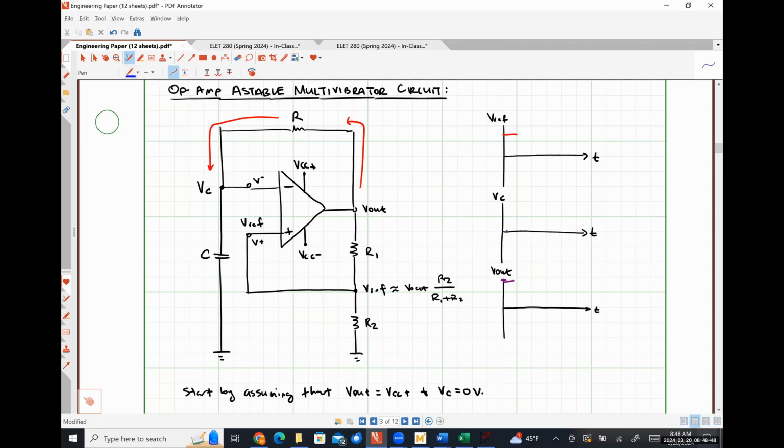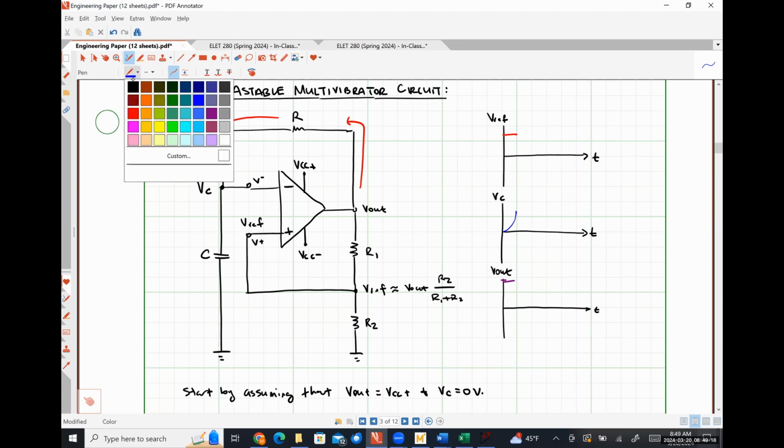So our capacitor voltage is going to slowly increase until it hits the level of the reference voltage. And then when VC and VREF are equal to each other, the output is actually going to switch to VCC minus. So effectively, this current over this top loop is just going to switch directions every half cycle.